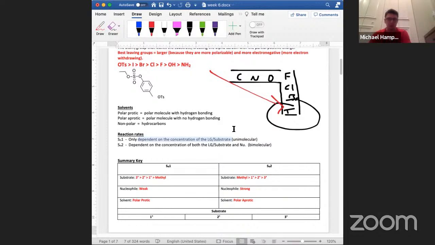So if you double the concentration of the substrate, what happens to the rate? Doubles, right? If I double the concentration of the nucleophile and the substrate, what happens if it's an SN1?